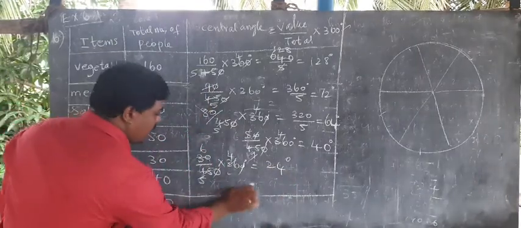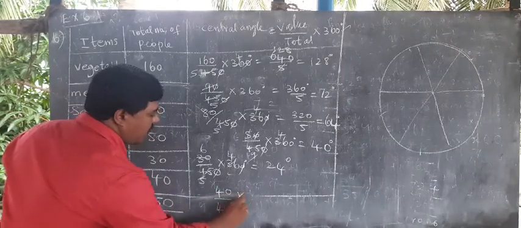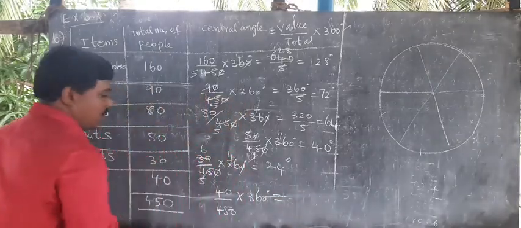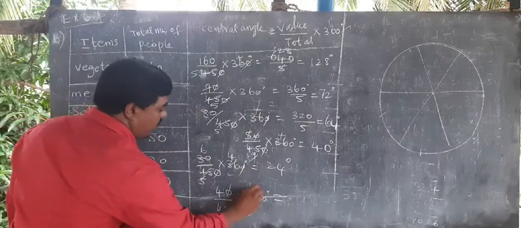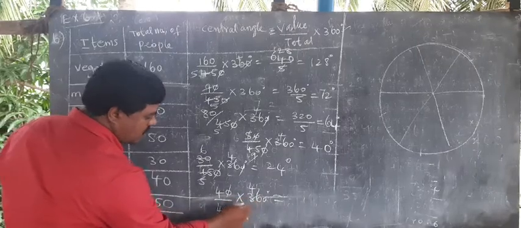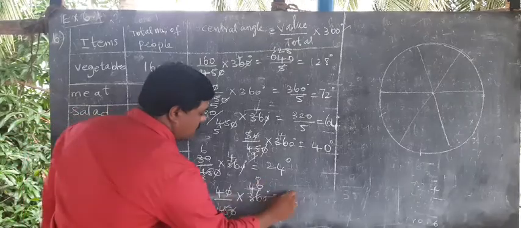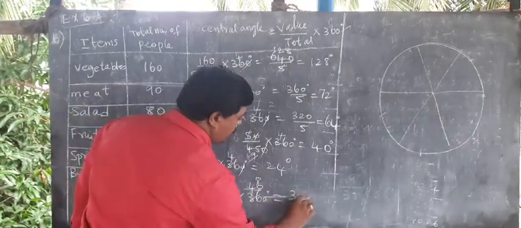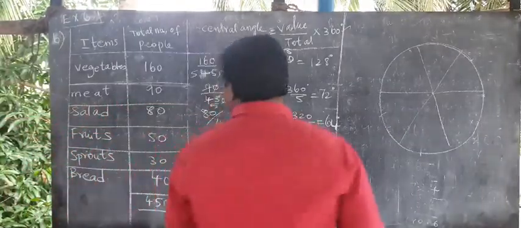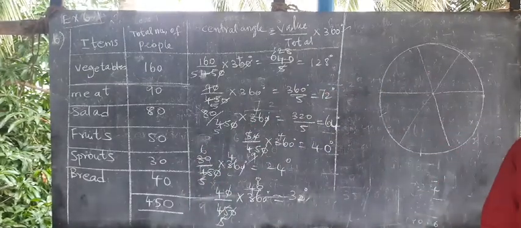Again we get 40, yeah? 40 by 450 into 360 degree. 0, 0, 9 4 times, 9 5 times, right? Here 40 is there, 10 is there, so 5 8 times, 32 degree, right? We find the degrees of all the vegetables, fruits, bread, salad, meat, right?